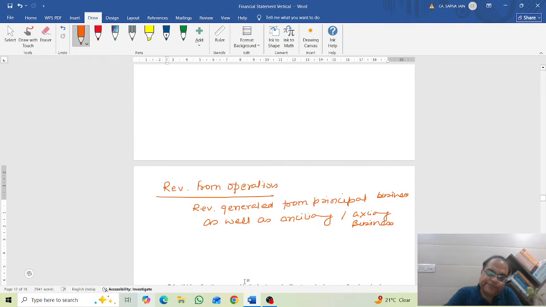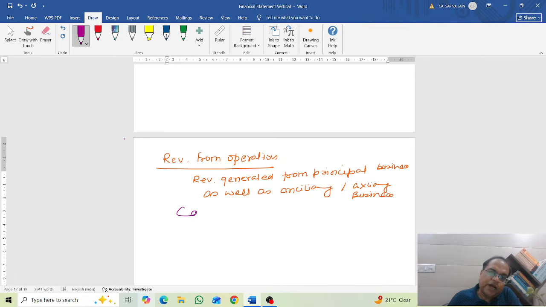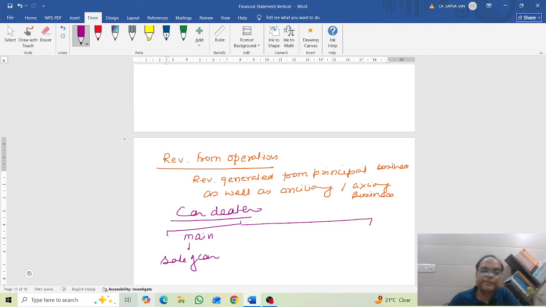For example, suppose one of the car dealers. What is the main business of a car dealer? The main business is sale of car. Suppose the car dealer sells accessories along with the car.